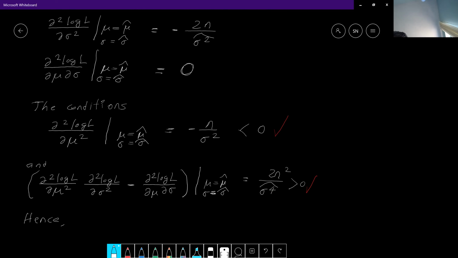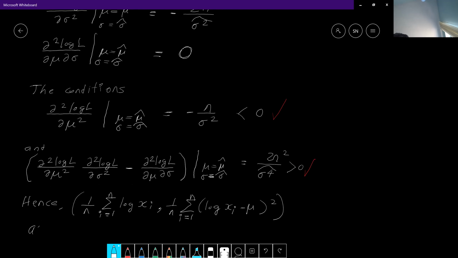Hence, this and this are the MLEs of mu and sigma squared.